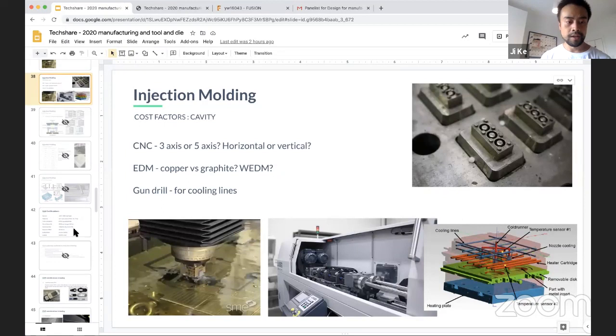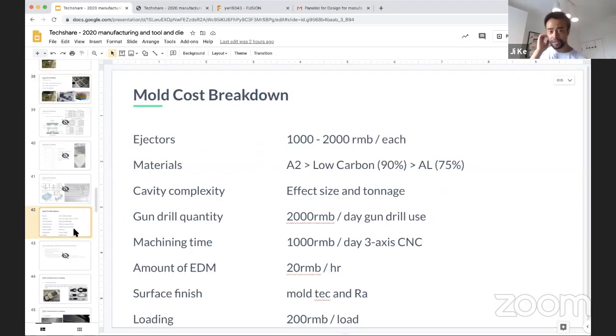All right, so this is a very rough cost breakdown if you want to do this. If you want to do your mold in the Guangdong area where Hack is located, most of the molds in the world are made in this area, within 200 kilometers of where I'm staying right now.